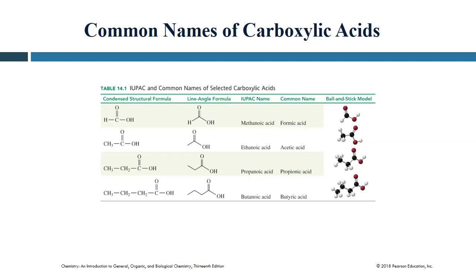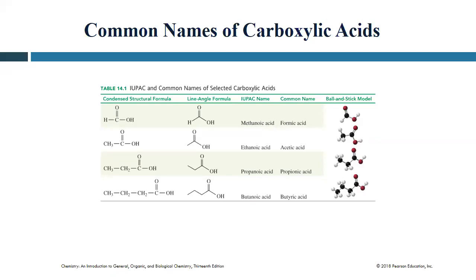Now, like I said, the first 4 acids do have common names as well, just the same as the first 4 aldehydes had common names. And for those, we just take that prefix, form, acet, propion, butyr, and we add ic acid to the end.